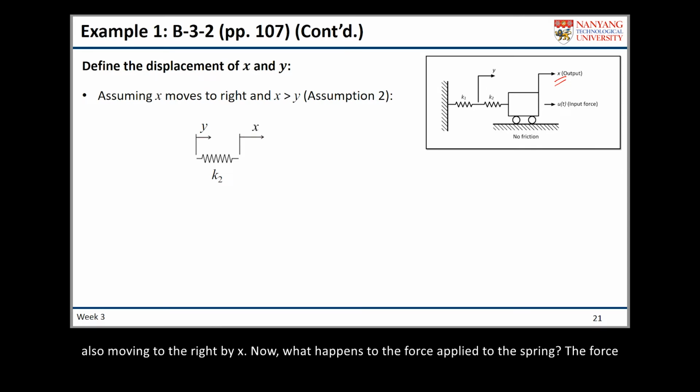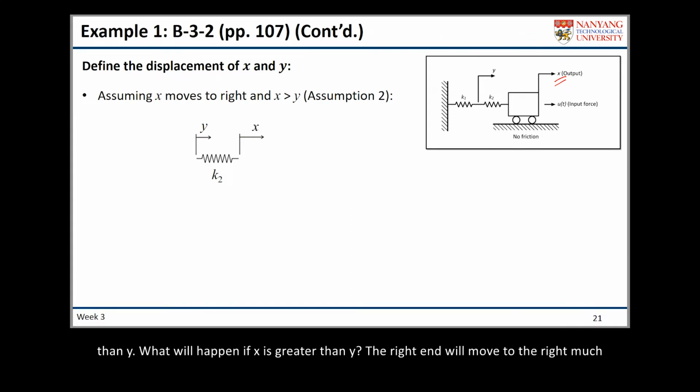Now what happened to the force applied to the spring? The force applied to the spring depends on x and y. Let's take an assumption here. If x is greater than y, just take an arbitrary assumption here. What will happen if x is greater than y?